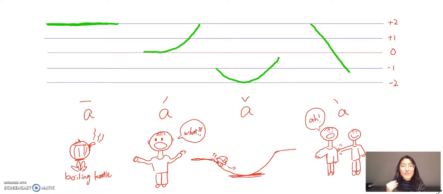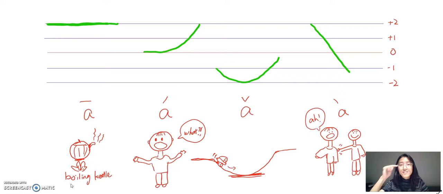So in order to make tone more touchable, I drew some analogy. Okay. So the first tone, when you pronounce the first tone, you imagine you are a boiling kettle. How does a boiling kettle sound like?